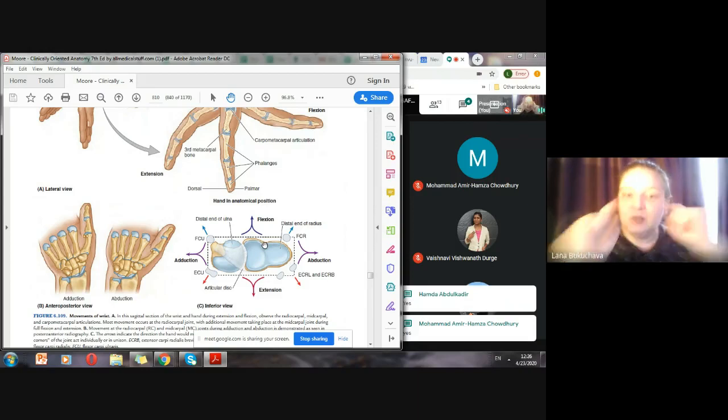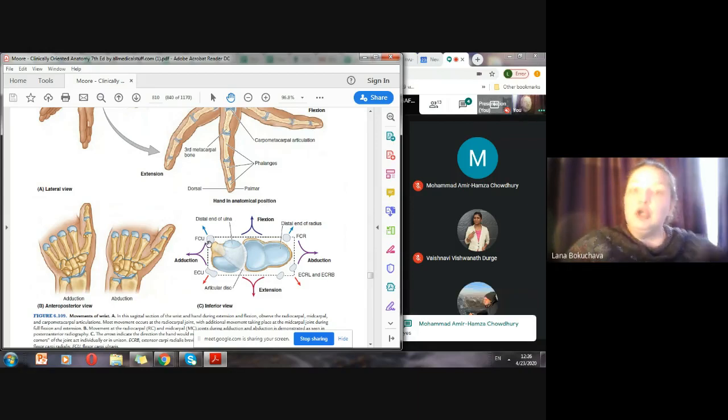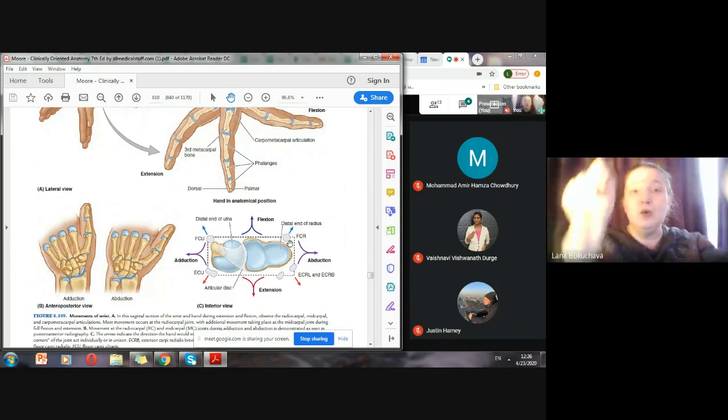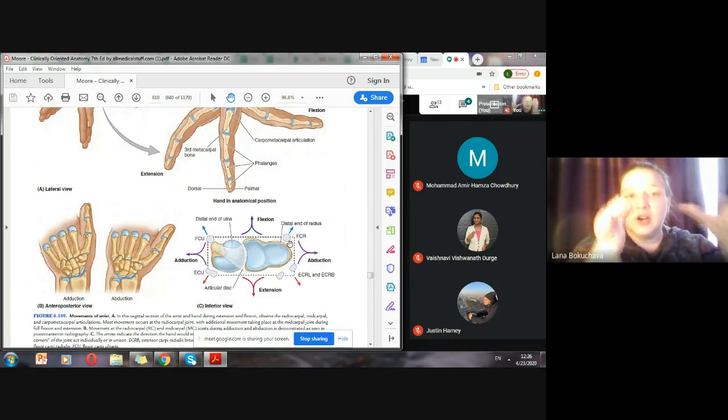So what is happening in this case? Look, you have the tendons of the forearm muscles, such as flexor carpi ulnaris and flexor carpi radialis. Do you see that they are passing on both sides of the wrist joint? As a result, you have here the flexor retinaculum, which helps to arrange or order these particular tendons in position.